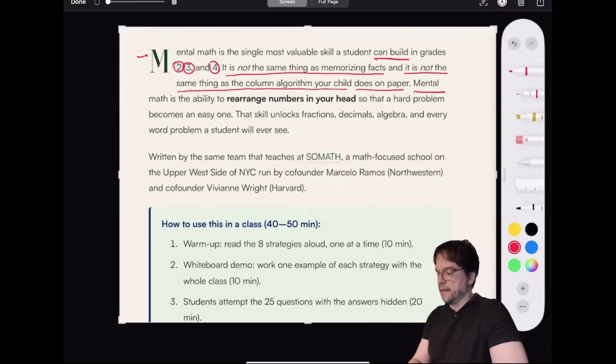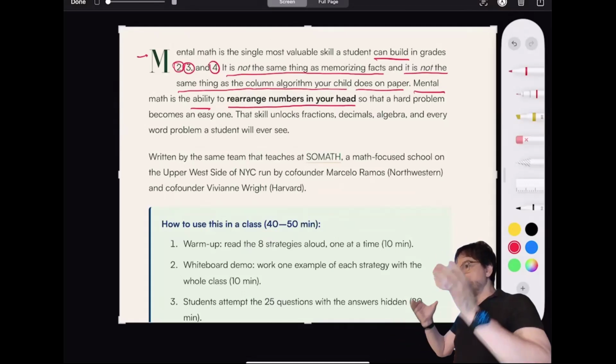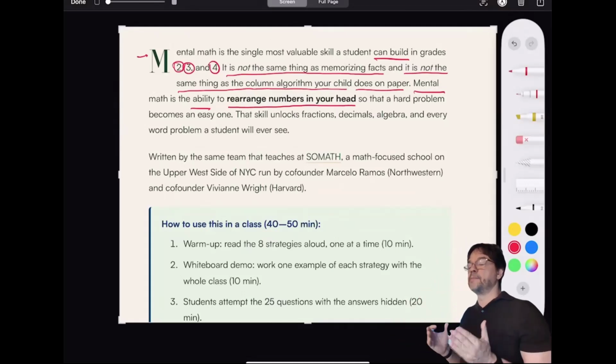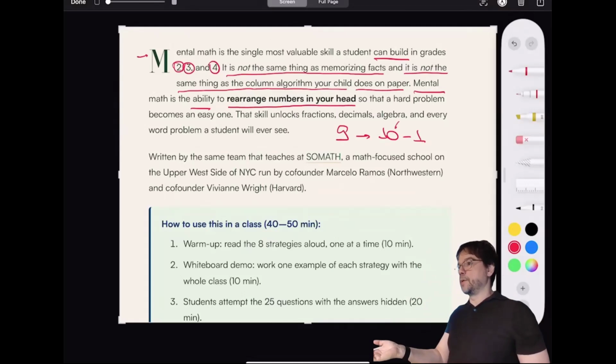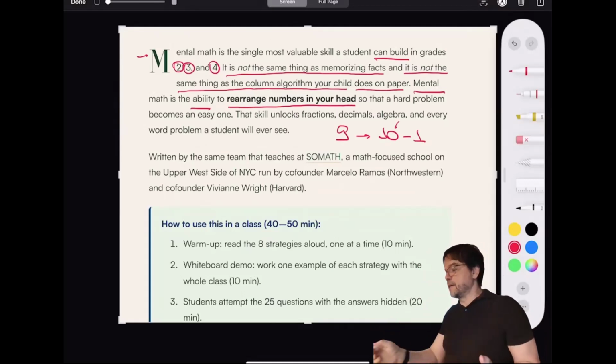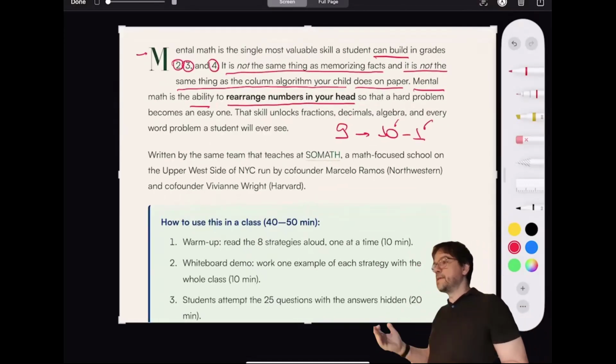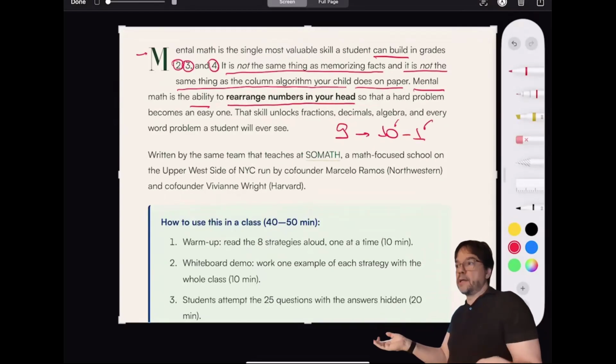Mental math is the ability to rearrange numbers in your head. Sometimes 9, you can represent as 10 minus 1 in a distributive. Why? Because something times 10 is easy. Do you agree that something times 10, like 3 times 10 is 30? And something times 1 is easy, 3 times 1 is 3.